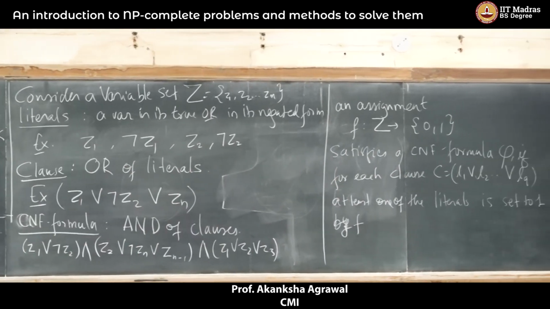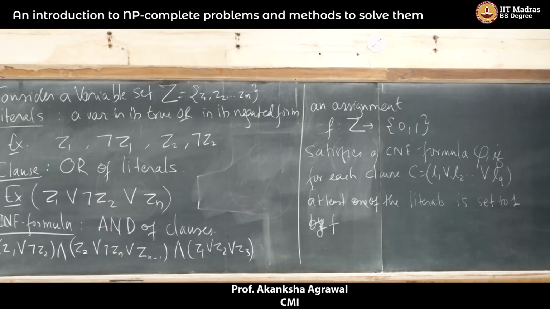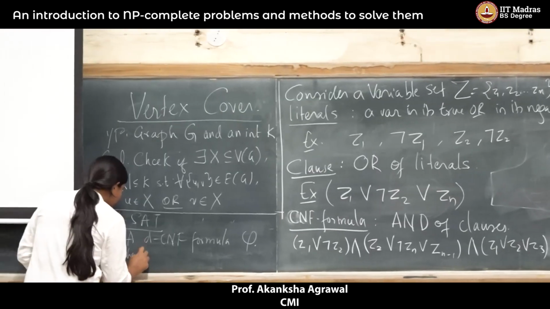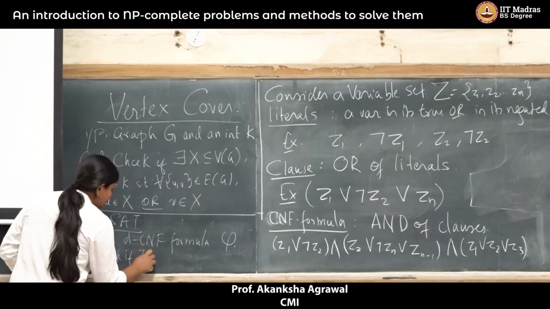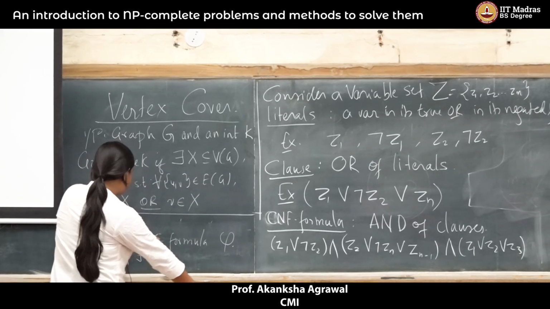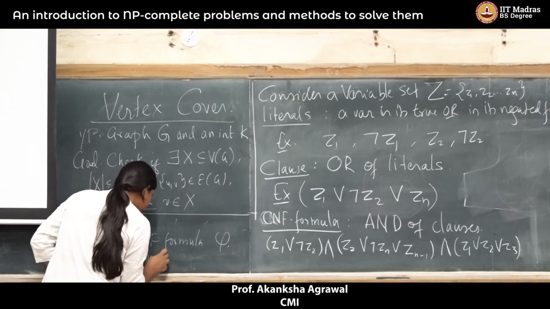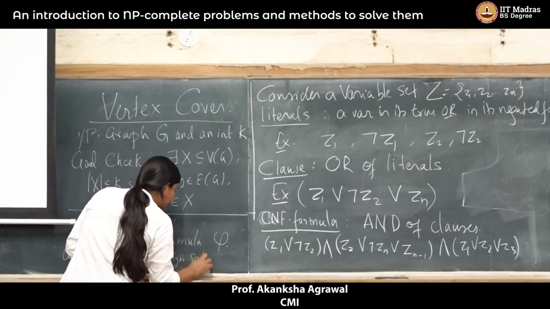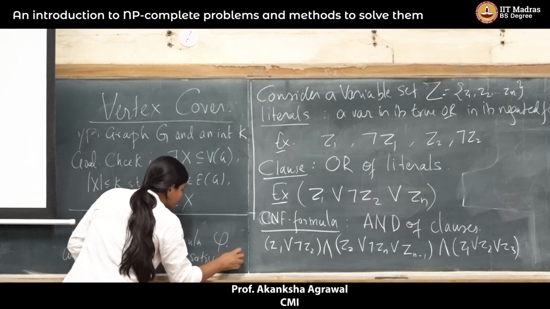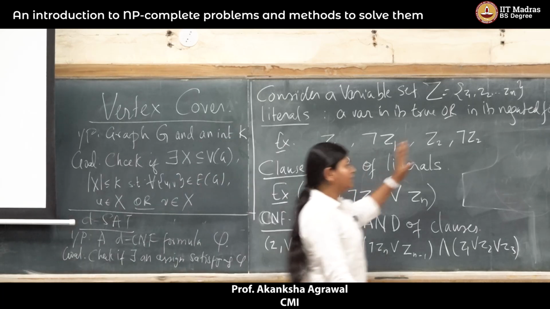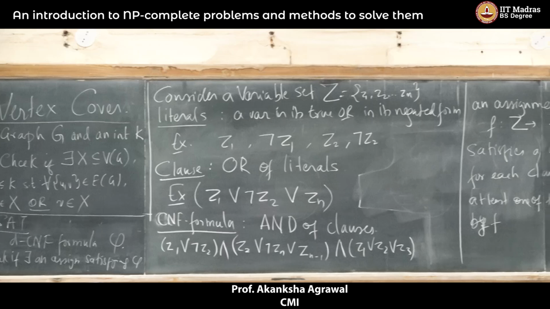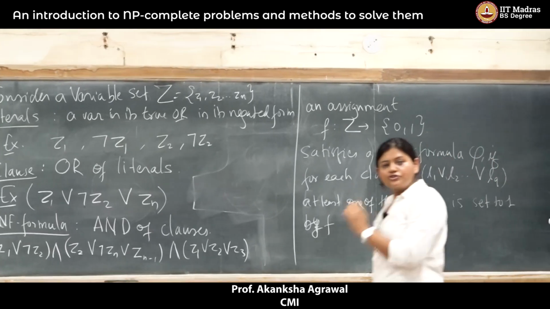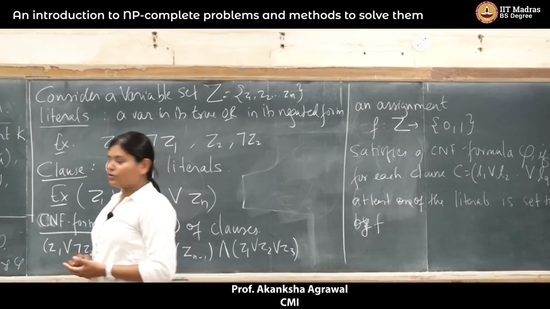Okay, so the goal is to check if there exists an assignment satisfying phi. Here I want only Boolean assignments. Okay, assignments of the form that sets each variable to exactly one of the values 0 or 1.